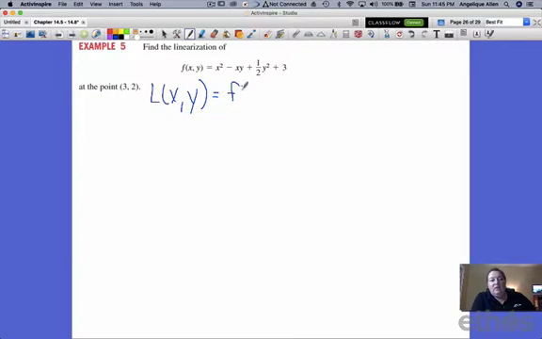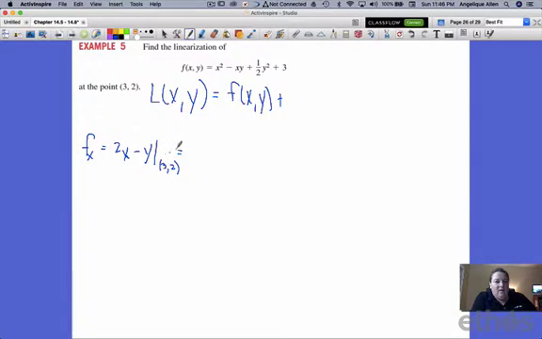So we're going to need the value of our function at that point, and we're going to need f sub x. Let's take some notes down here. F sub x is going to be what up here? We've got 2x minus xy, which is 2x, excuse me, minus y. And then we've got to evaluate this at 3, 2.